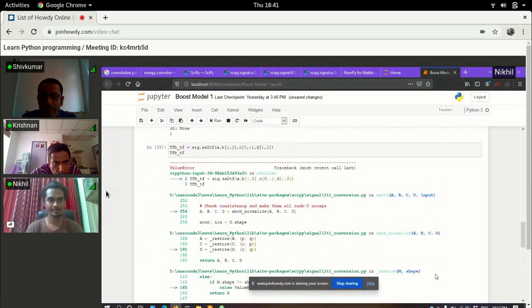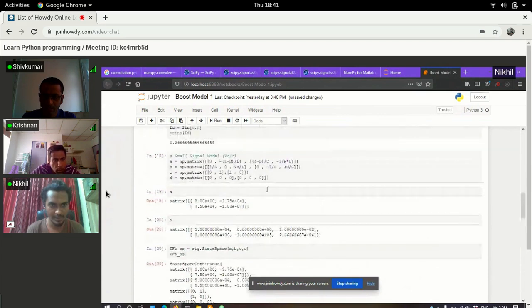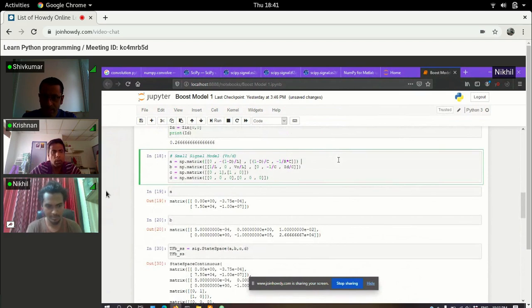A is D. Okay, see, using C, it's like C (sI minus A) inverse into A. What is the size of A? 2 by 2? Size of it is 2 by 2. See here, it is a 2 by 2 matrix. A is 2 by 2, B is 2 by 2, okay.